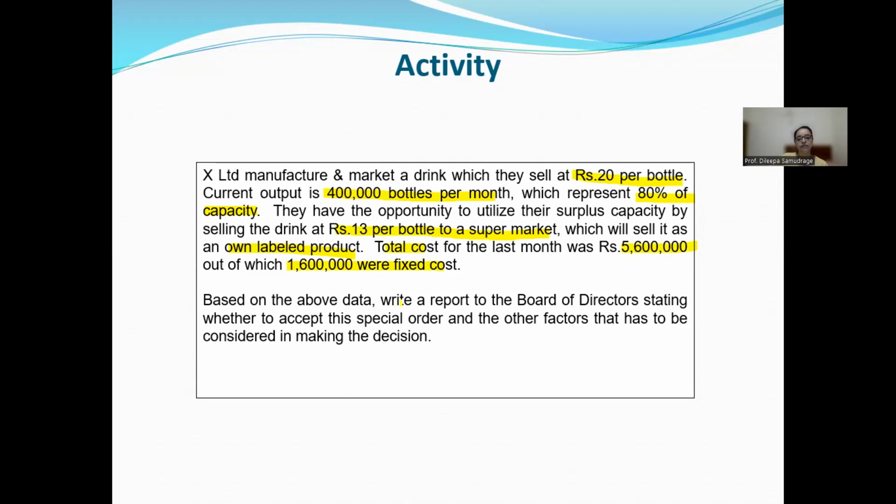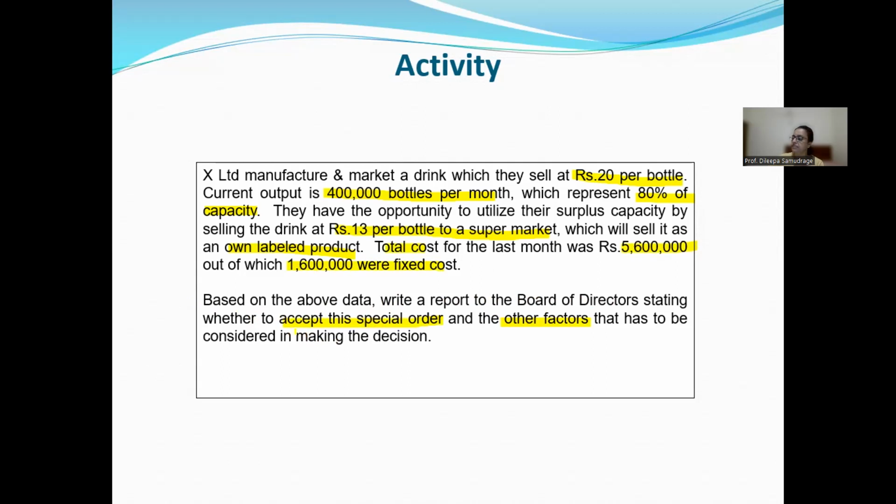Based on the above data, write a report to the board of directors stating whether to accept this special order and the other factors that have to be considered in making the decision. That is very important.